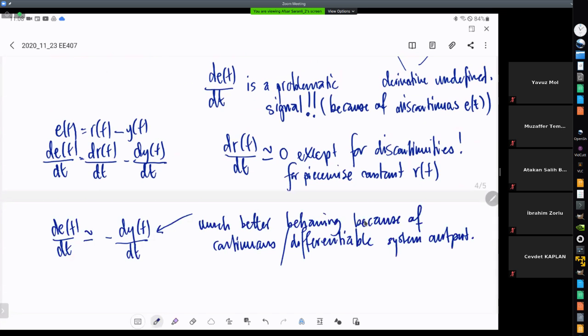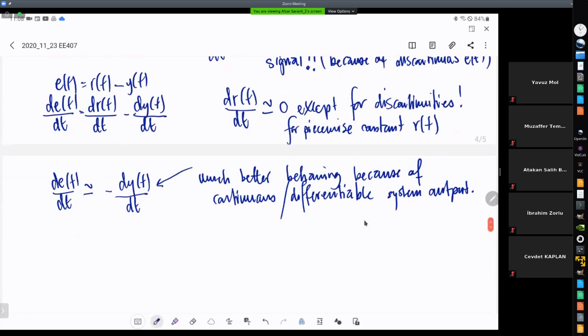Now, why I'm discussing this is that often in industry you will find that instead of the derivative of the error, the PID controller uses the derivative of the output.